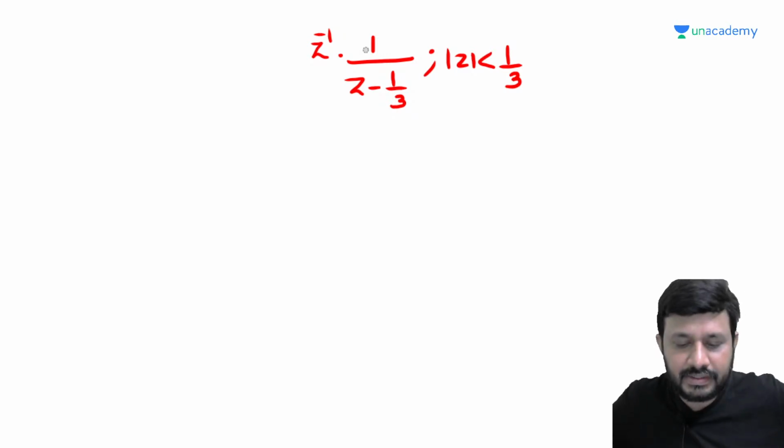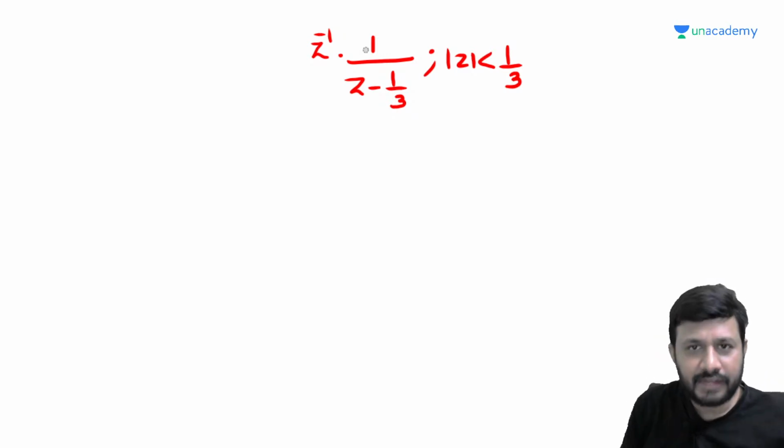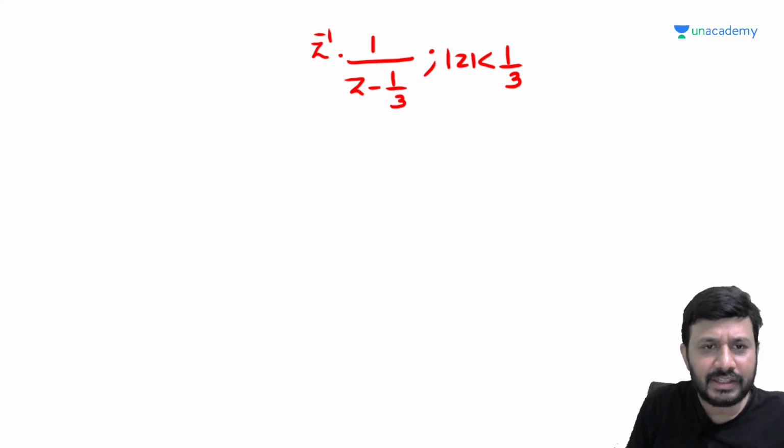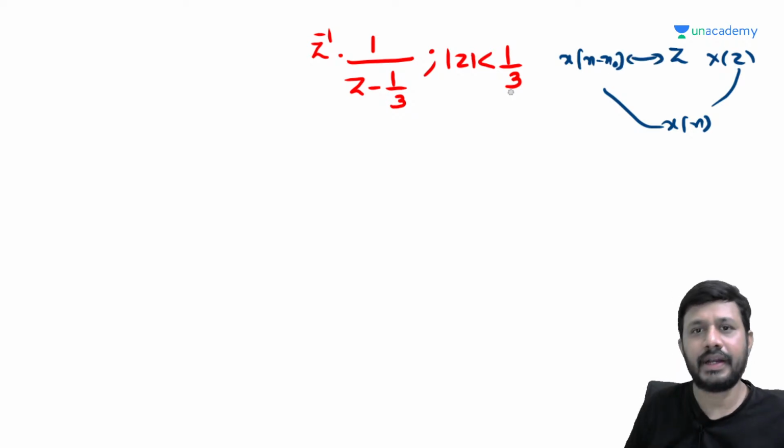I want the inverse Z transform. The principle is only one thing: if you have Z power minus n naught into x of Z, then to this x of Z get x of n first. In this x of n, wherever you have n, replace it with n minus n naught. Right?